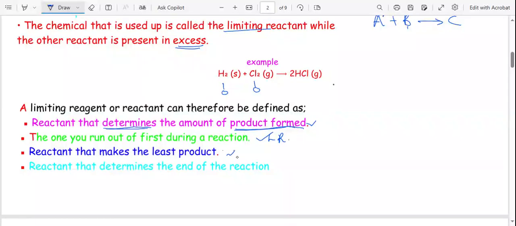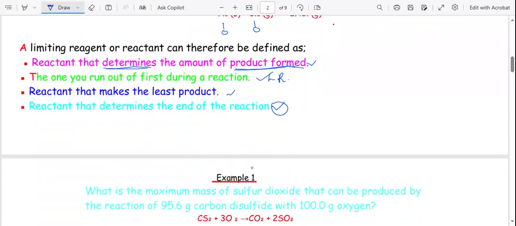It can be in small quantity, it can be a lot, but it is in charge of telling you to stop, because it is in less quantity. It can also be defined as the reactant that determines the end of the reaction. Without this, the reaction would continue. So that's what we mean.